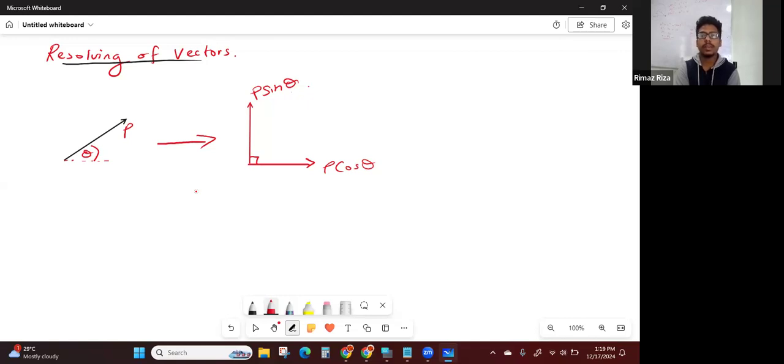So normally we take a vector and resolve it into two perpendicular vectors.